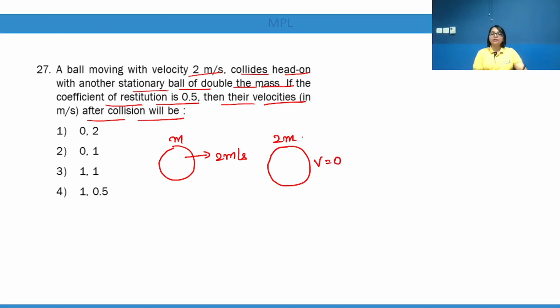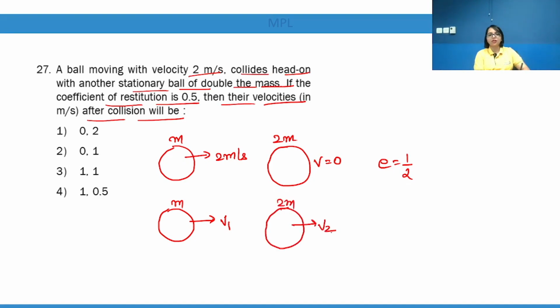If the coefficient of restitution is 0.5, which is 1 by 2, then their velocities after collision will be. So m, let's say, is moving with velocity v1 after collision, and 2m is moving with velocity v2 after collision, right? So according to conservation of momentum, 2 into m, the initial momentum, is equal to mv1 plus 2mv2, right?